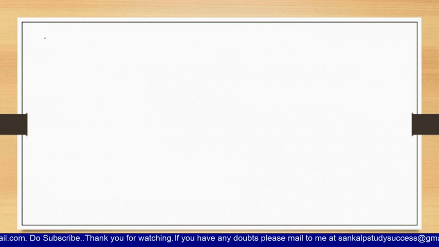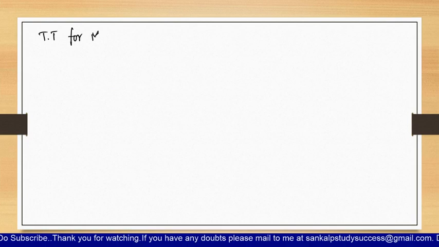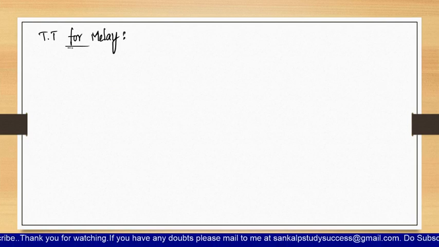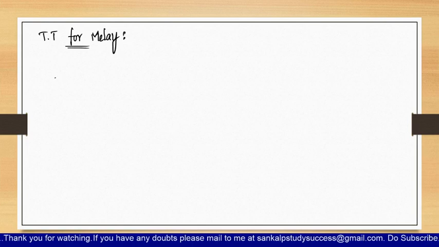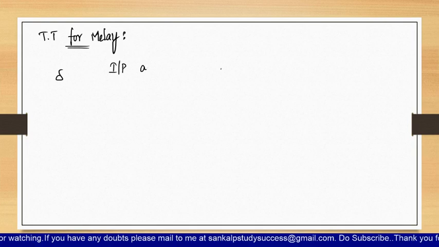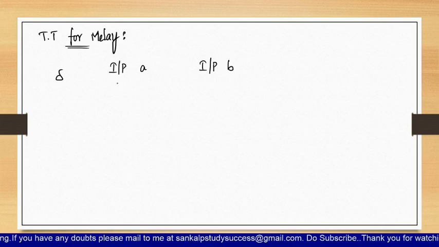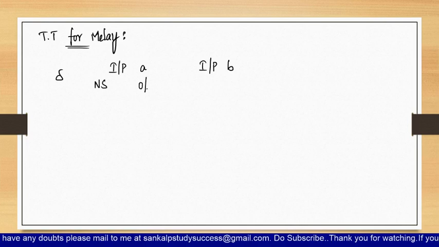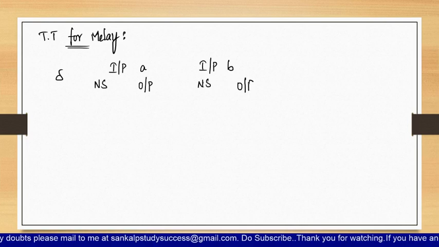Now let us draw the transition table for Mealy. For the Mealy machine, if you remember, the transition table will be, first of all, a transition function, then by applying input A and also by applying input B, we will be having the next state and also the output for it, right?